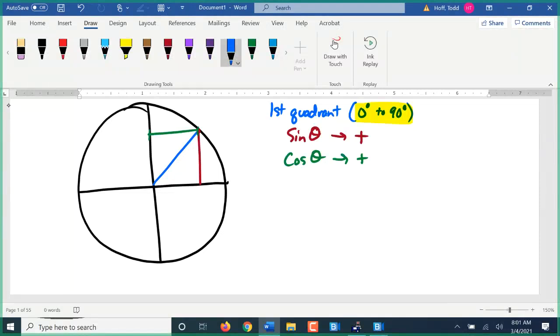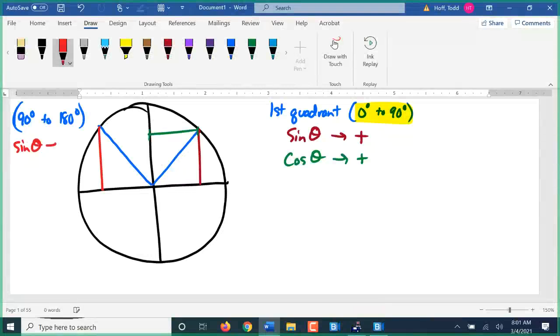Over here in the second quadrant, which is 90 degrees to 180 degrees, let's put my angle in there. This is my sine. Sine is still positive because it's above the reference axis.